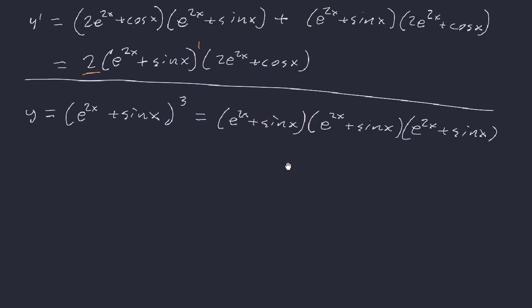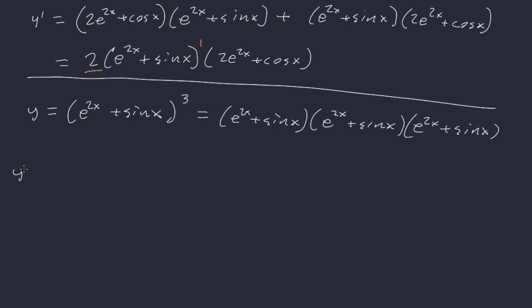Okay, so then when we do the product rule, remember I'm going to use some colors here. It'll be the derivative of the first, so that's going to be 2 e to the 2x plus cosine x. Okay, times the next two pieces left alone. So instead of writing them twice, I'm just going to say that that's e to the 2x plus sine x squared.